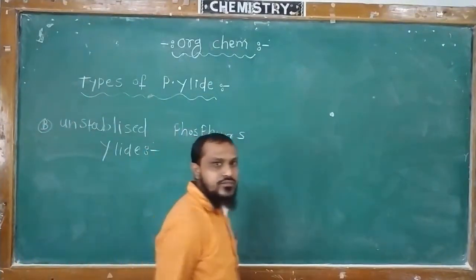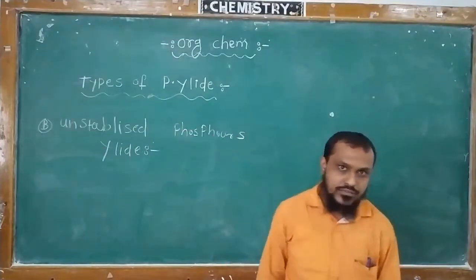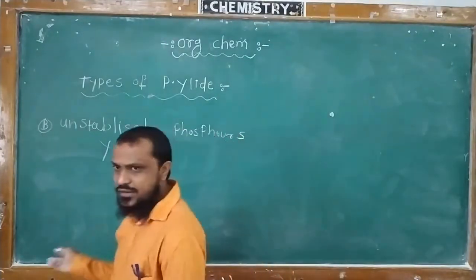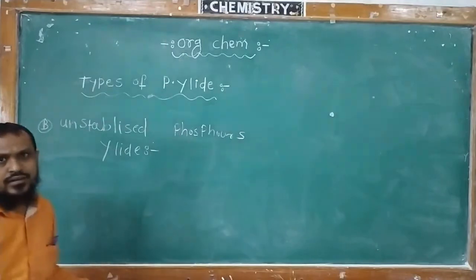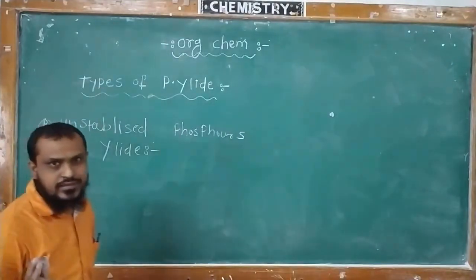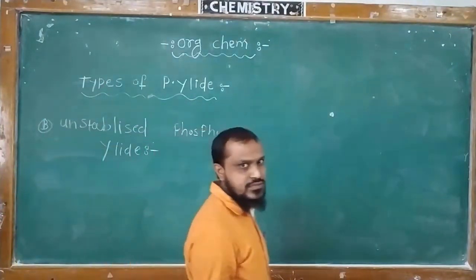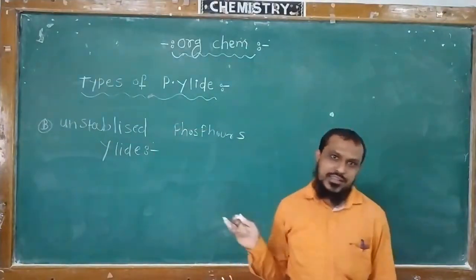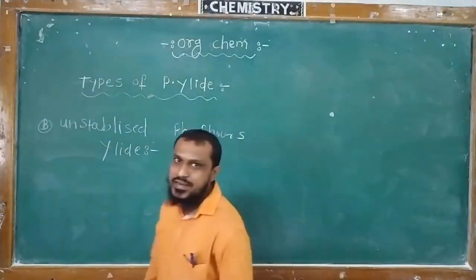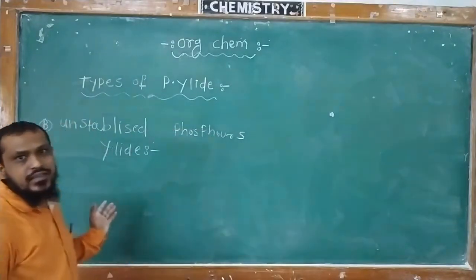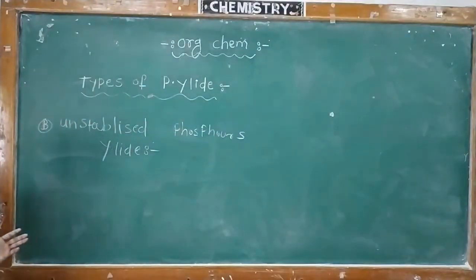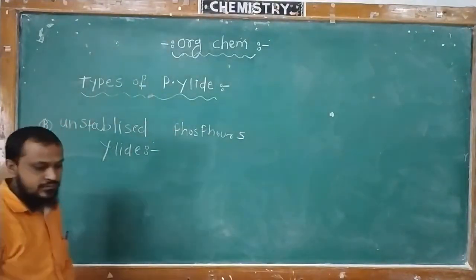Looking at the title, two questions will arise in your mind. The first is, what is unstabilized phosphorus ylide? And the second is, how to prepare it. We will see both one by one.